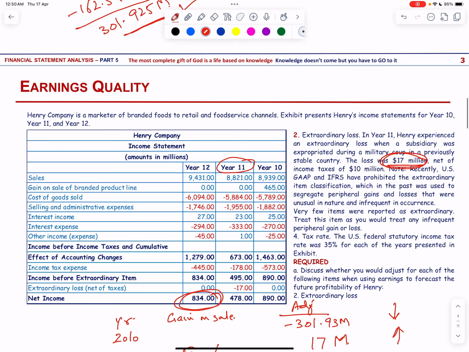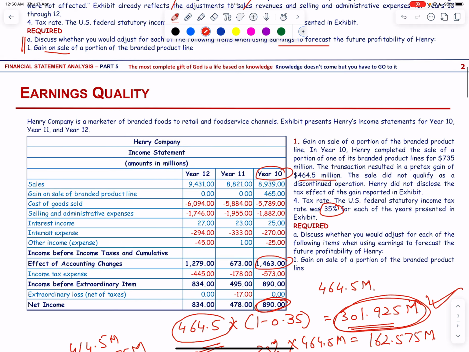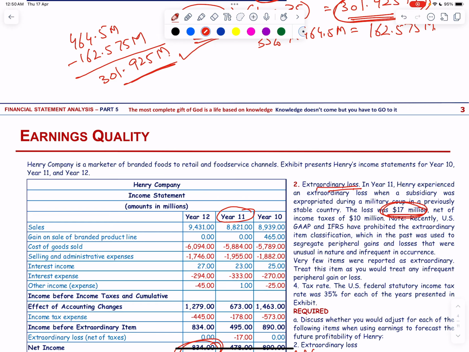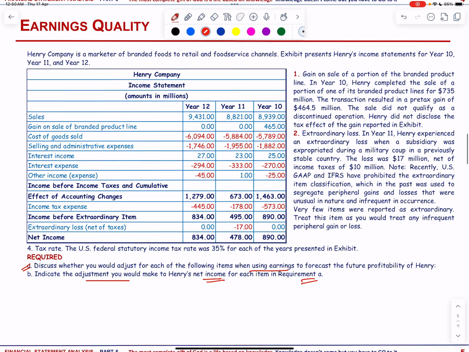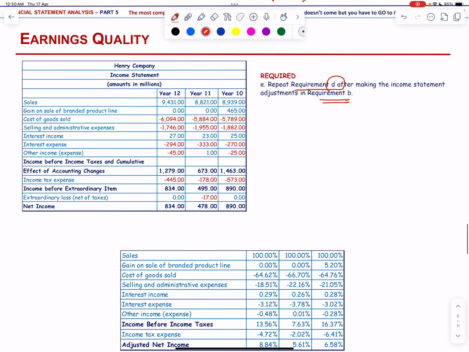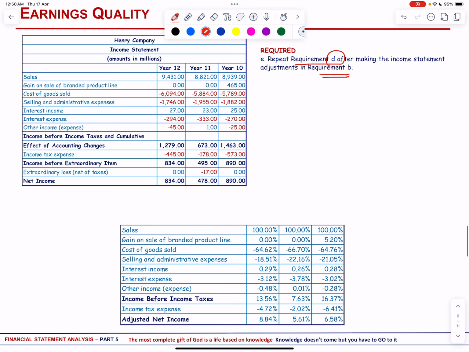It was two: one was the gain on the sale of a portion of the branded product, and the second was the extraordinary loss. Let me explain how we do that.